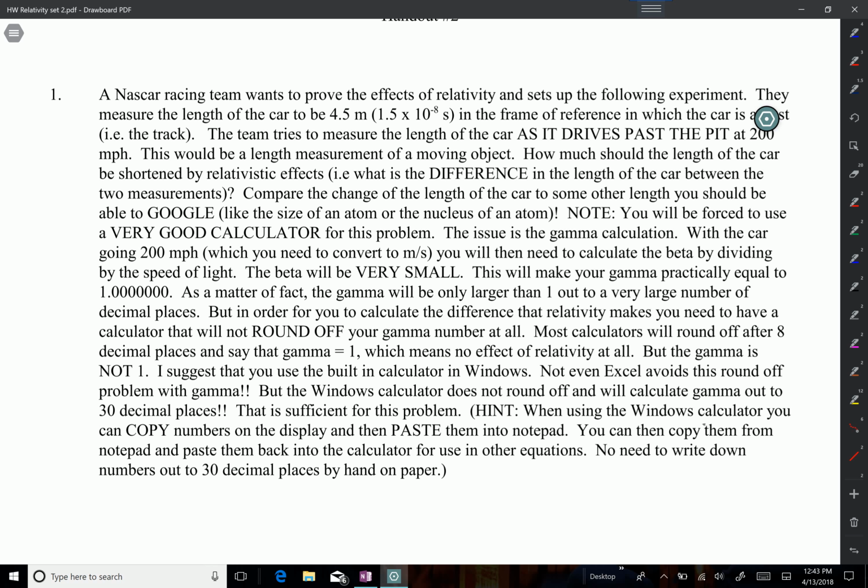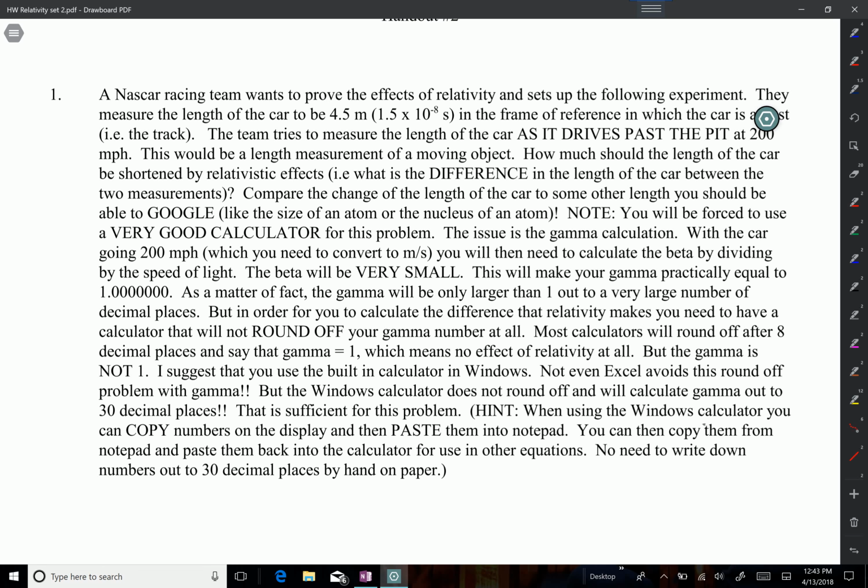And so this problem is supposed to help you determine and calculate the smallness of the effects of relativity in everyday life. It's only when you get to go very fast that special relativity becomes an issue.